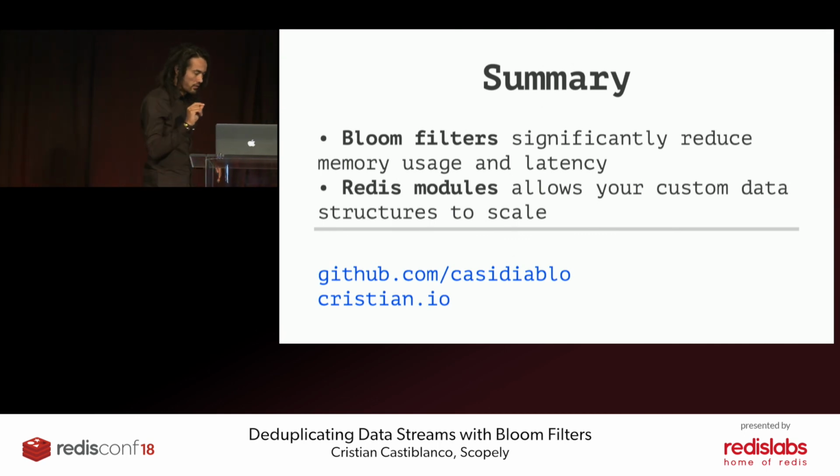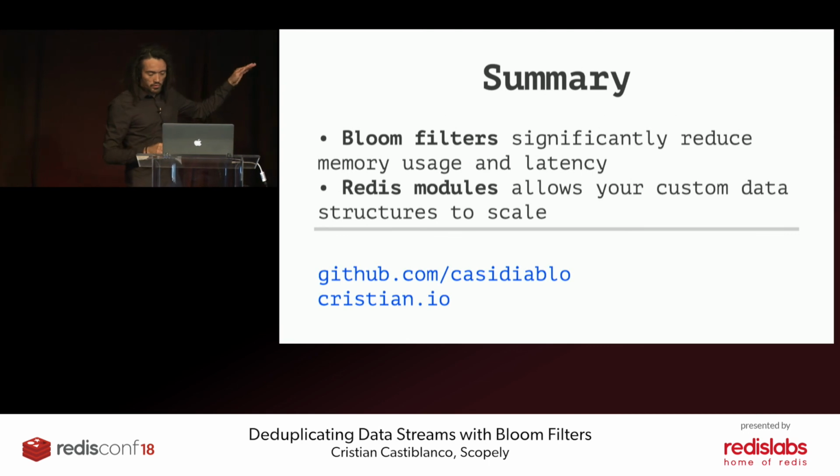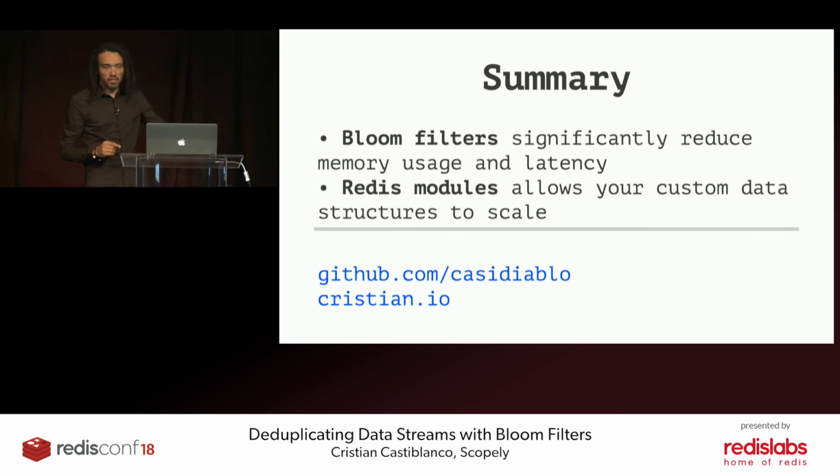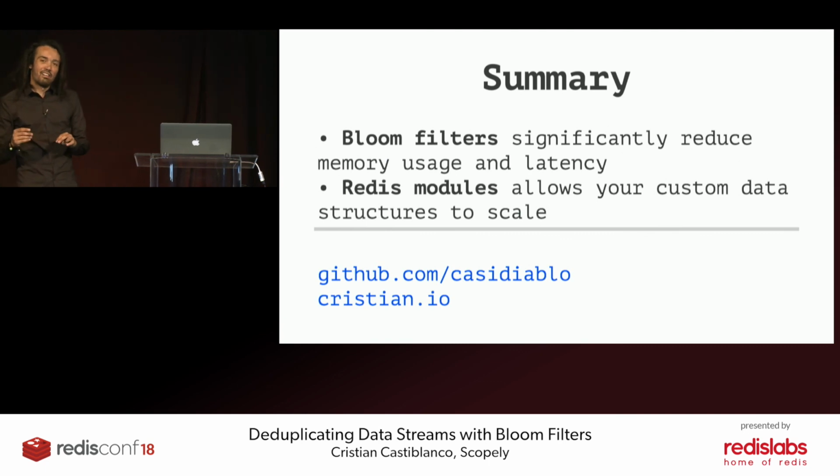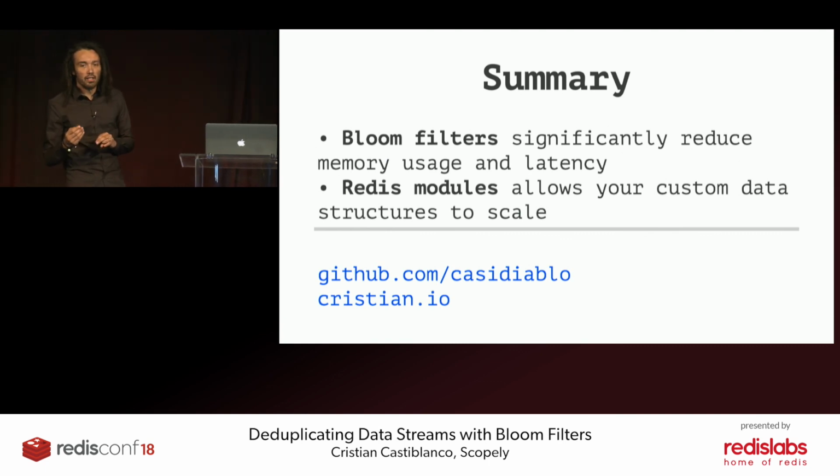And here's a fun note. In the case of Scopely, when you saw the comparison, the 7 gigabytes versus 70 gigabytes, we're using an error probability of 1 in 100 million. So that means that every 100 million, in theory, you're going to have one false positive. And that's a very, very small error rate probability.